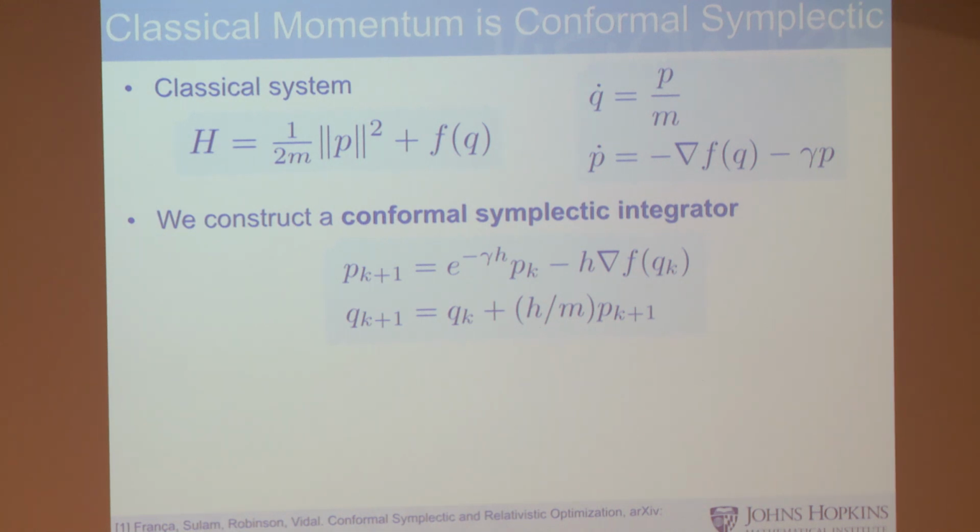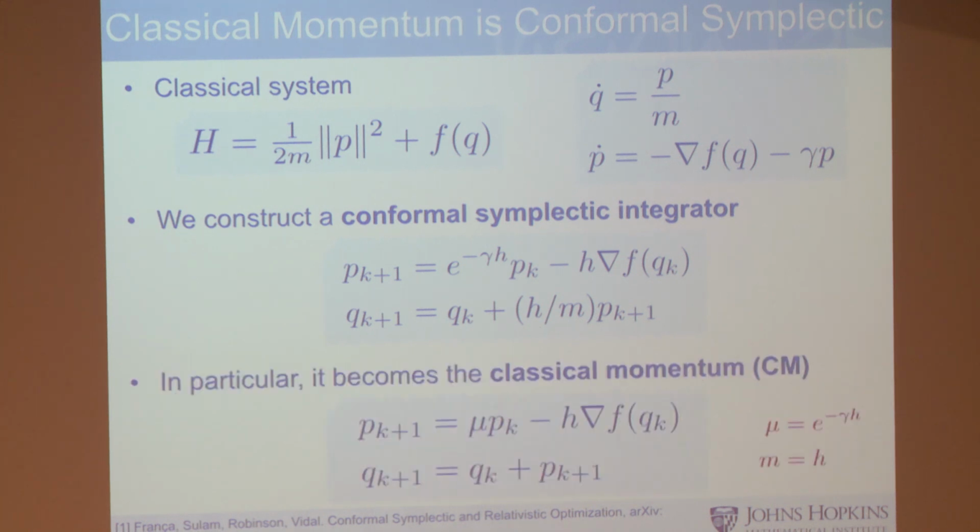And now you just do a tiny change of variables. You change the mass by the step size, which is very well known for those of us in controls with discretization of classical linear systems. And magically, you get the classical momentum algorithm, which is one of the heavily used algorithms these days in optimization and in deep learning in particular.